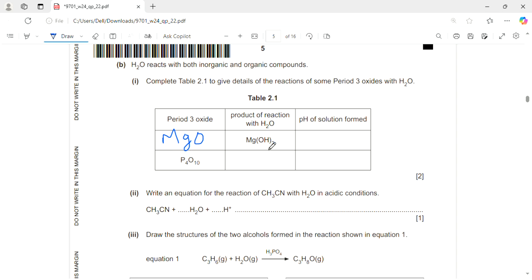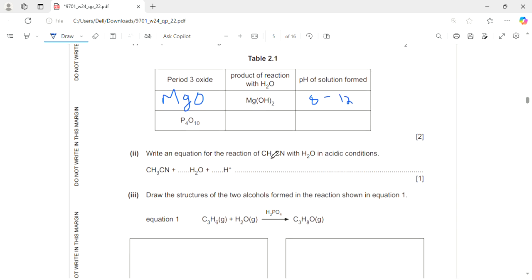So pH, I think it's not acidic. So pH is between 8 to 12. I think it's a suitable pH because it's not acidic. But what about the phosphorus oxide? So the product that reacts with the water, I think is phosphoric acid.